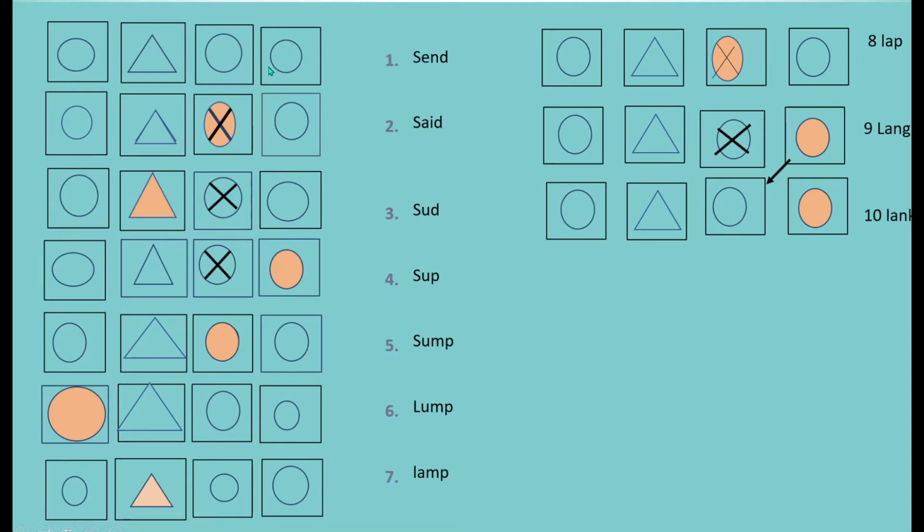In the second word, said, you have s, e, d, and now we don't have the n sound anymore. It's gone. So there's where you colored it in and you put an X because it was not there. The d sound is still there. D in send and d in said.